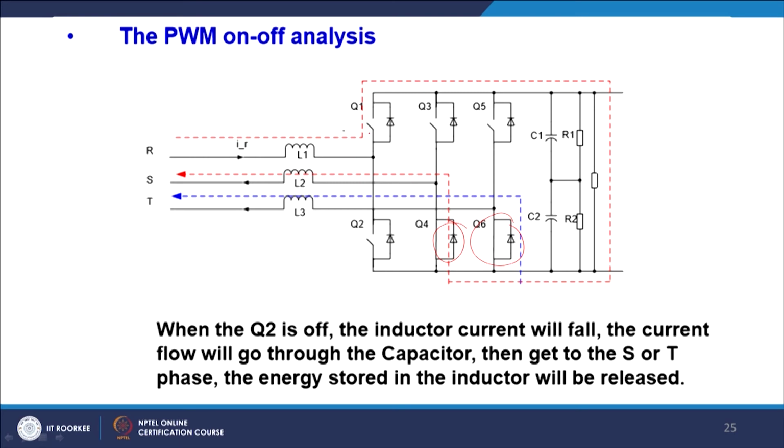Ultimately this IR will flow through the body diode of Q1 or the external anti-parallel diode you have connected, and will boost up the voltage, and ultimately it will flow through these lower switches and back. So, this is the way of operation of this converter.